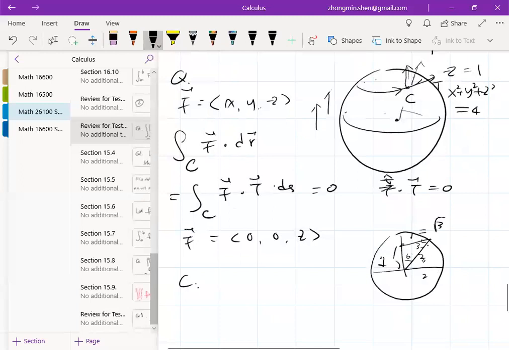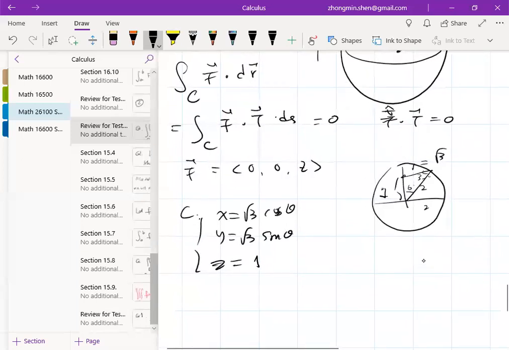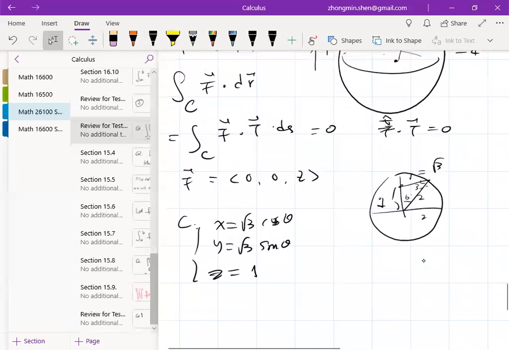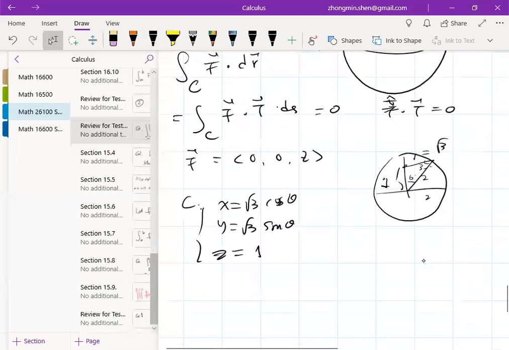Right? So the parameterization is x equals square root 3 cosine theta, y equals square root 3 sine theta, okay? And z is always equal to 1. So this is the parameterization for the curve. And then you can use that formula to solve the problem. Okay? So let's work it out.